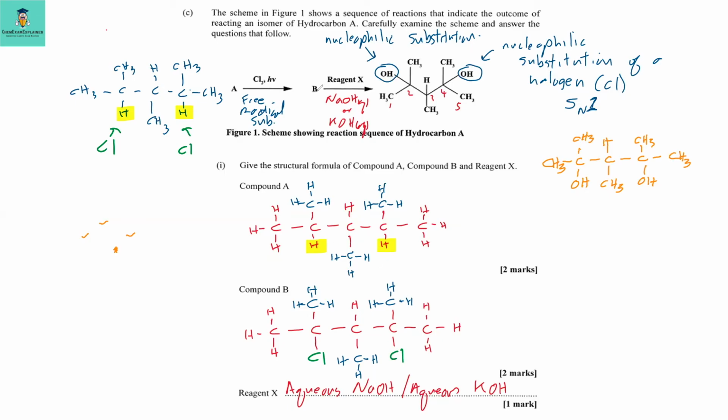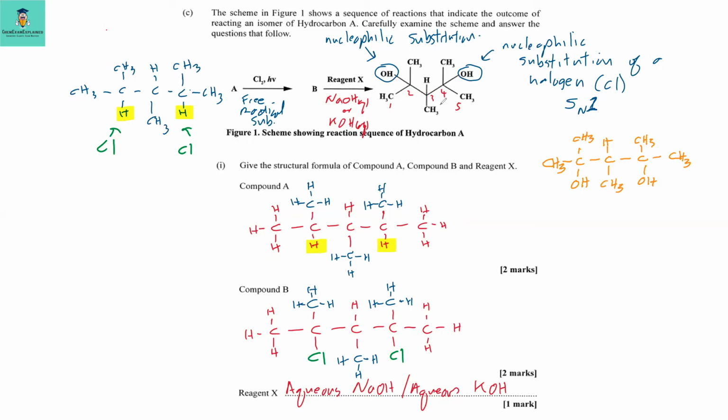So for part B, to go from my halogenoalkane, I'm going to go through hydrolysis. And the mechanism that will take us from that structure to the diol is nucleophilic substitution. And in this case, it is going to be SN1. Because of the tertiary carbon here, it cannot be SN2.